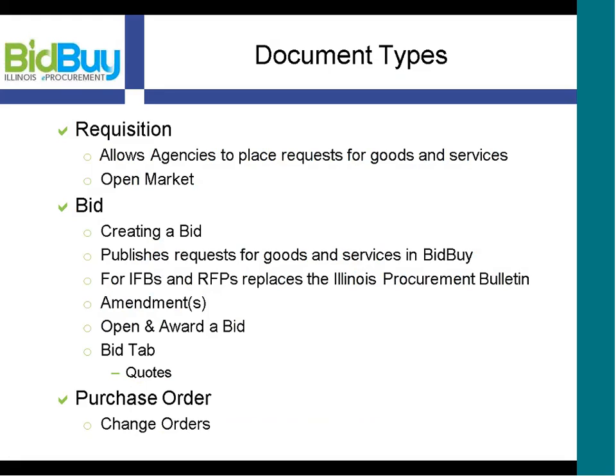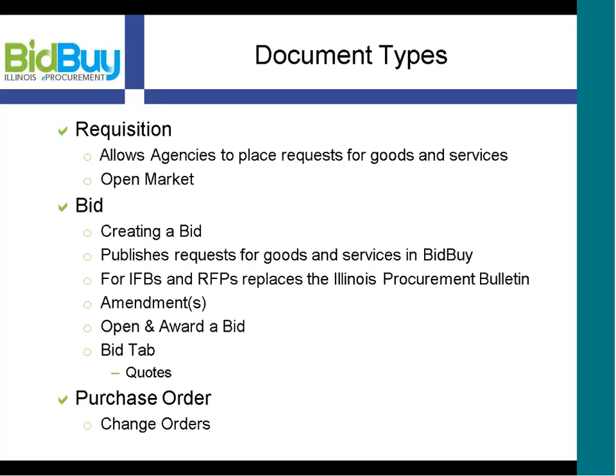Moving on to the exact document types: a requisition allows agencies to place requests for goods or services, and we will be completing open market requisitions. We're going to show you exactly how to do that. Then a bid is created, and this publishes your request for goods and services in BidBuy. For large procurements like an invitation for bid or a request for proposal, this replaces the Illinois Procurement Bulletin.